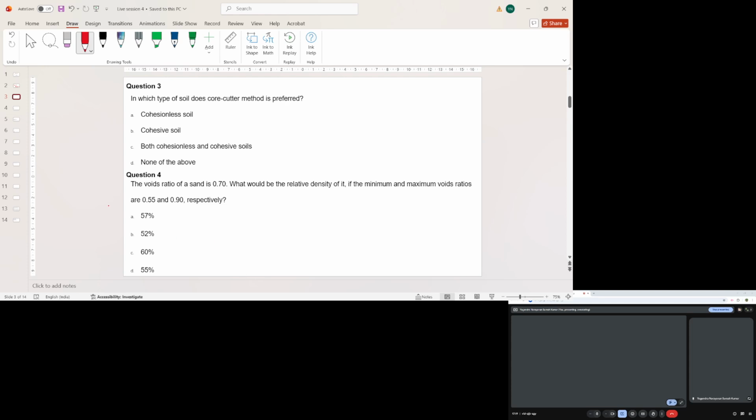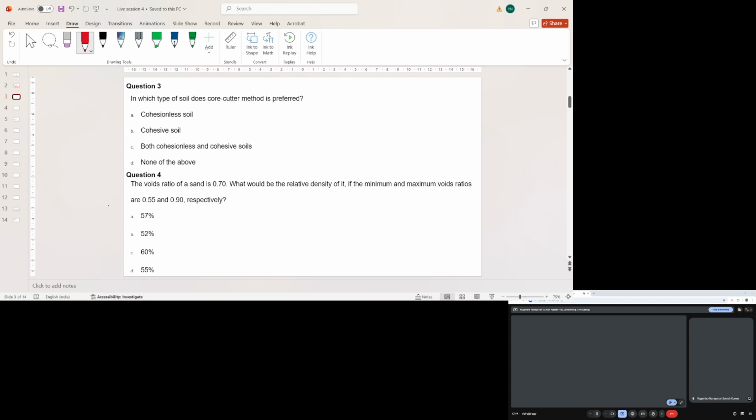Right? Now, core cutter method, how it is done is you have a mold where the sample is collected of a fixed volume. You have a mold of fixed volume where you place it and you just insert it into the ground.